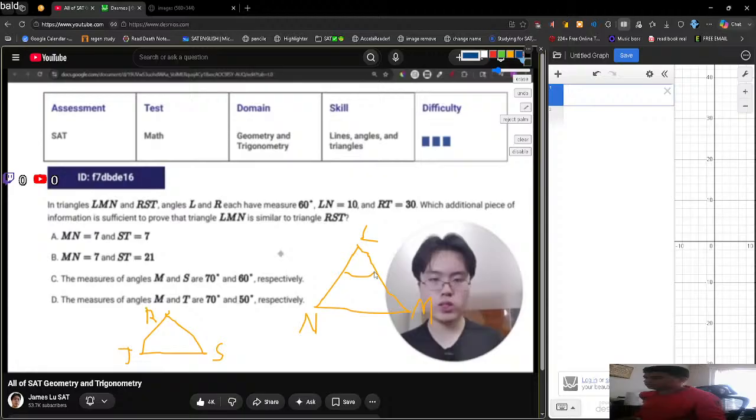So this is 60, 60. LN equals 10, and RT is 30. Which additional piece of information is sufficient to prove the triangles are similar?